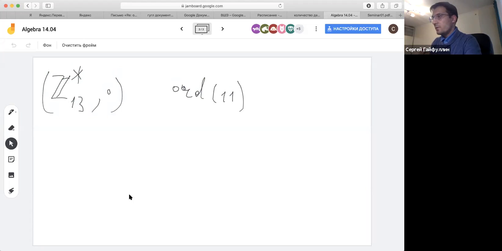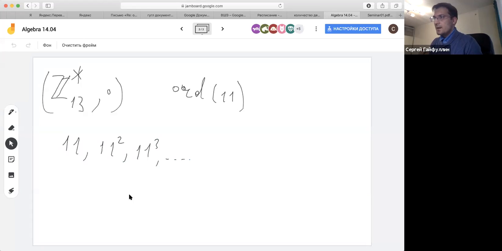Of course, we can start with 11, then compute 11 squared, 11 cubed, and so on, once we obtain the unit. And we will try to do it now.